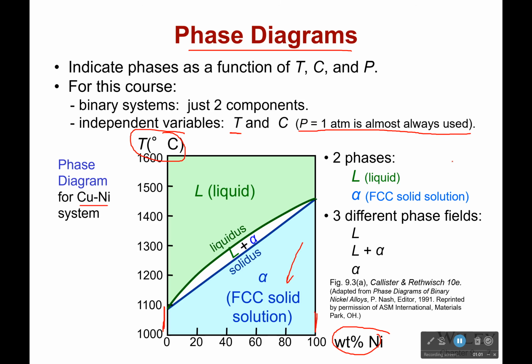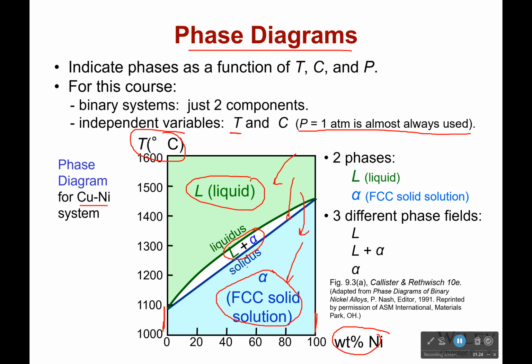And there are two different phases. There's the liquid, there's the solid, and then there is a mixture in between. But the mixture is not a different phase, it's just when I have multiple phases at the same time. There's also 3 different phase fields. So this is 1, 2, and 3 right there.